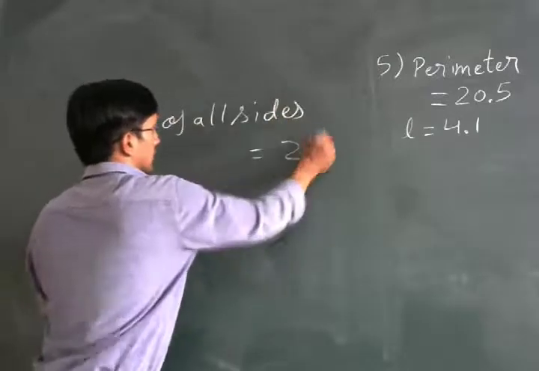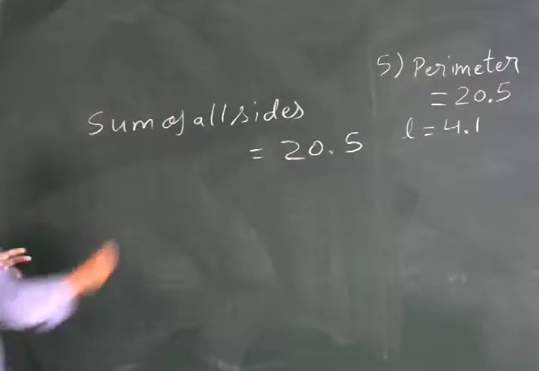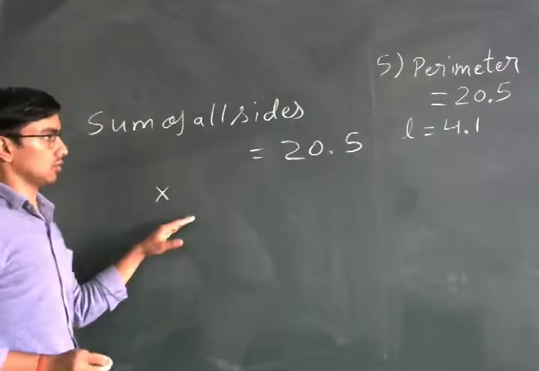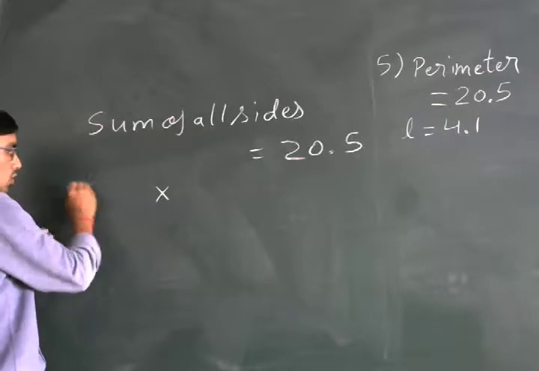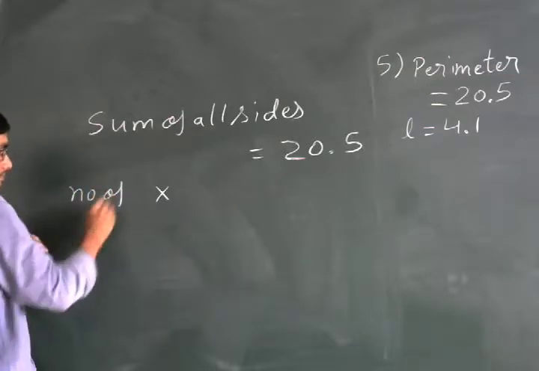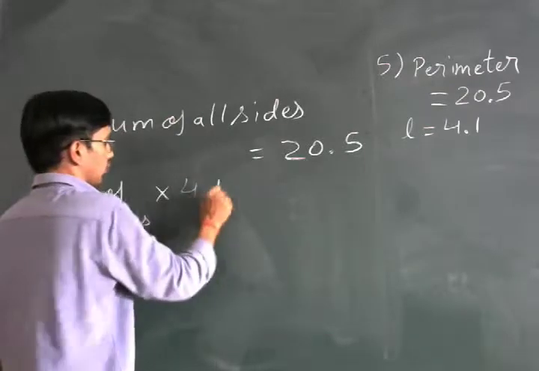What is the sum of all sides? 20.5. And in this polygon all sides are equal. So how many sides are there where the length of one side is 4.1?